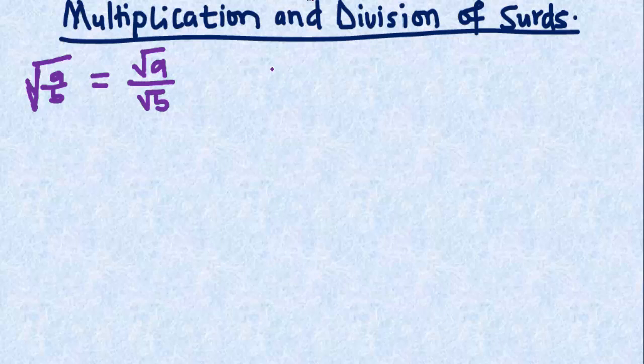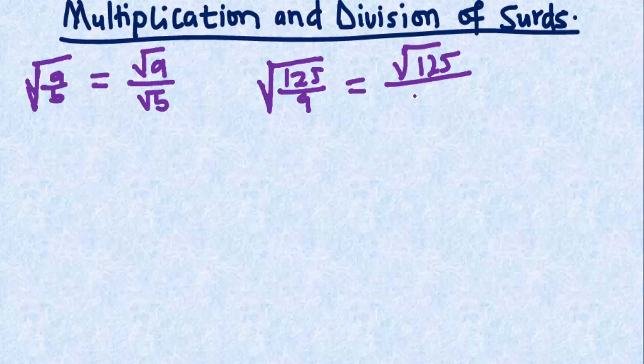For instance, we have root of 125 over 9. So splitting them out or expressing in this form, we have root of 125 over root of 9.